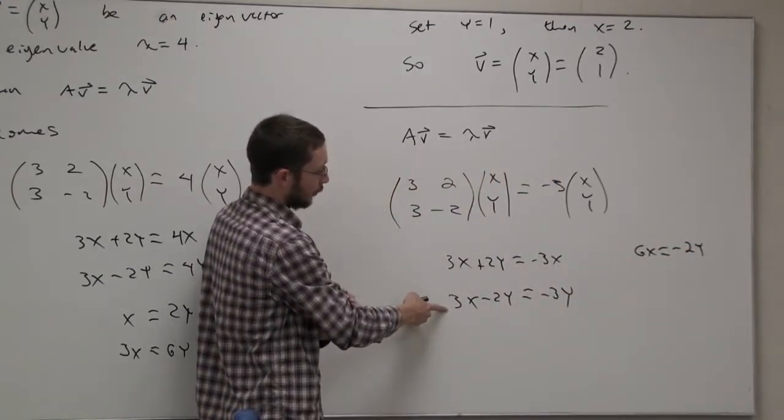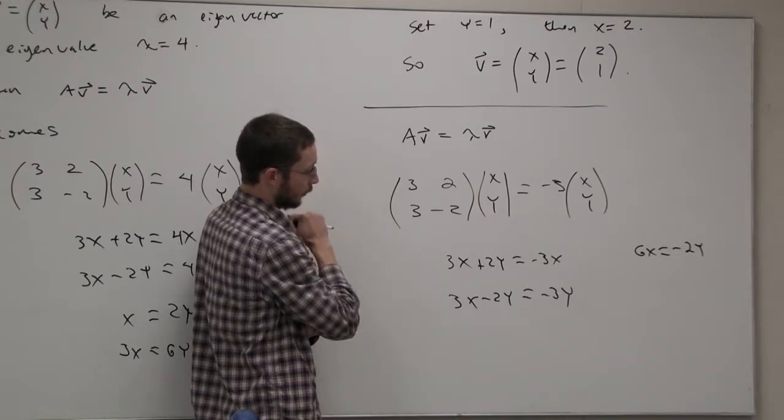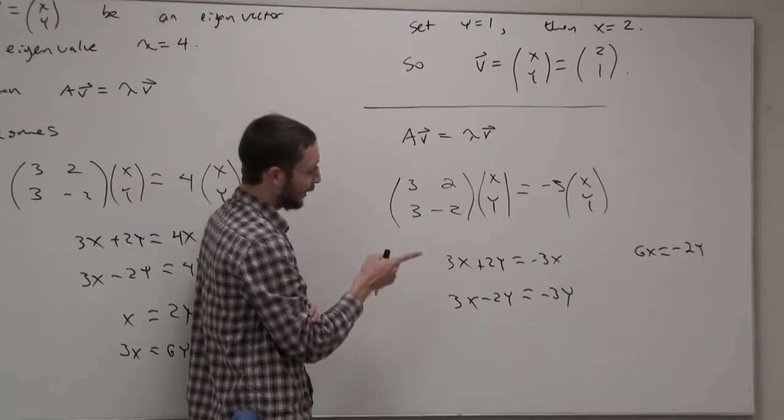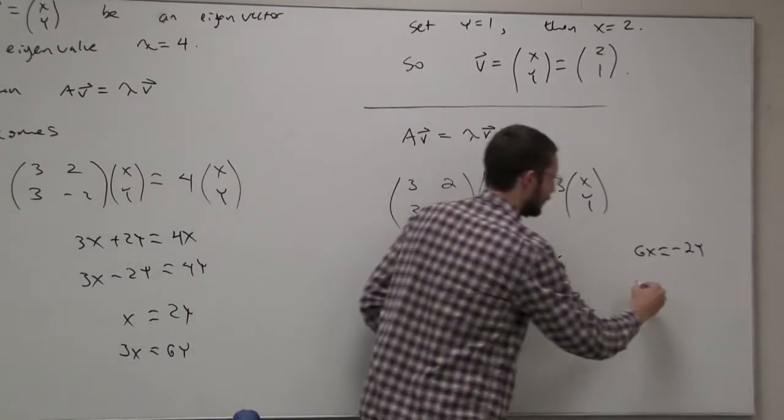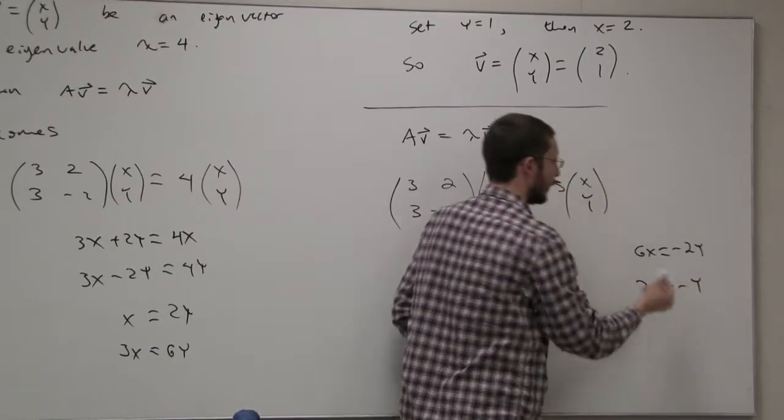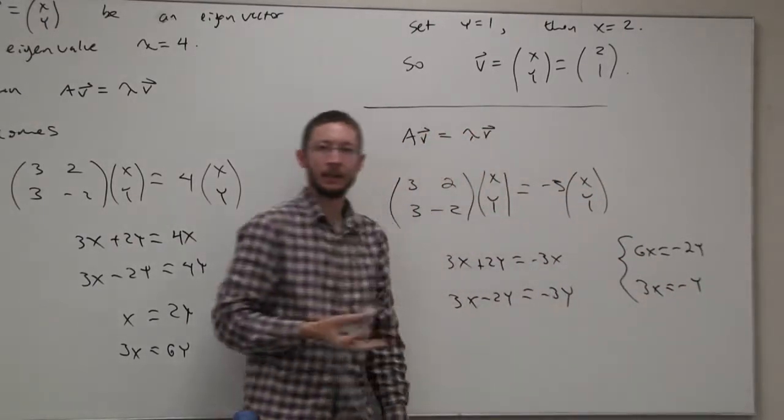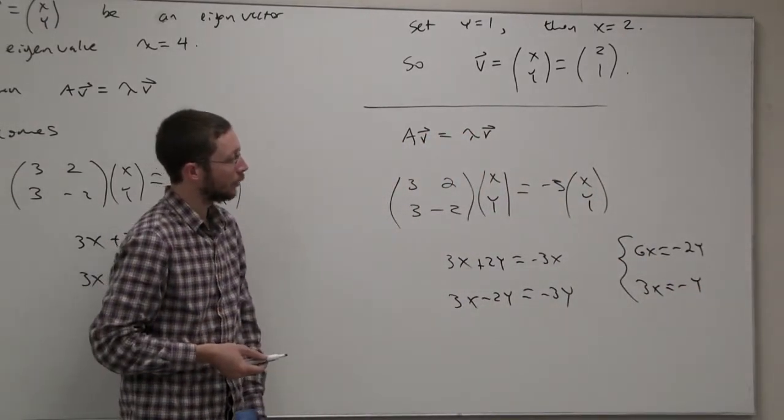And this equation would become 6x, no, sorry, 3x equal to -y. So again, these are the exact same equation, and we again just pick a solution.